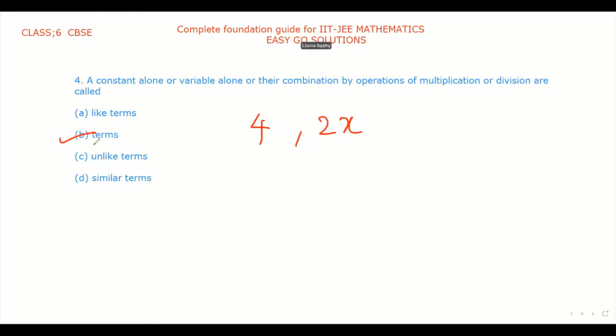Like terms means they have the same variables. Unlike terms means they have different variables. Like terms and similar terms are more or less the same. So the option is B, terms. They are just known as terms.